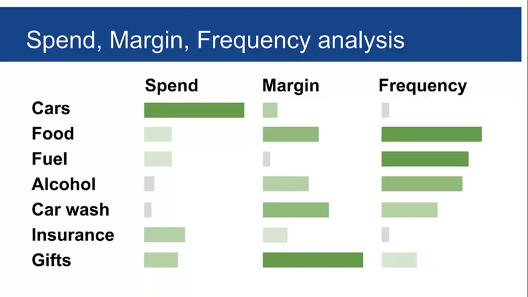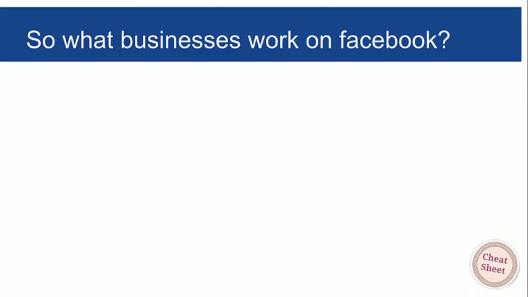So that's my rundown. And out of these, for me, I think that food and gifts are two markets that work particularly well for Facebook, because they have a good balance of reasonable spend, reasonable profit margin, and reasonable frequency. So we're asking ourselves, what businesses work on Facebook?